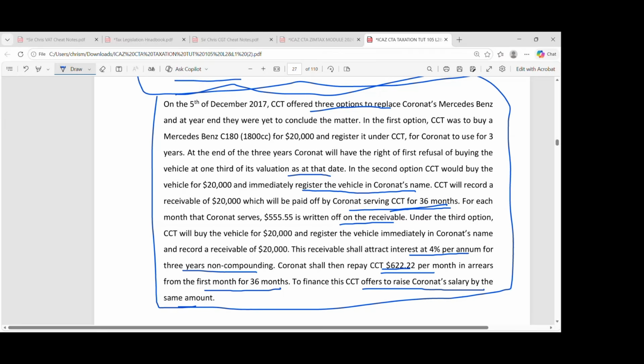So it's not income, but still in the same context, there is a salary increment of 662-ish. That's a salary increment. It's a remuneration. In the hands of Colonat, it's income, which is taxed. But he is paying according to the old context, team.